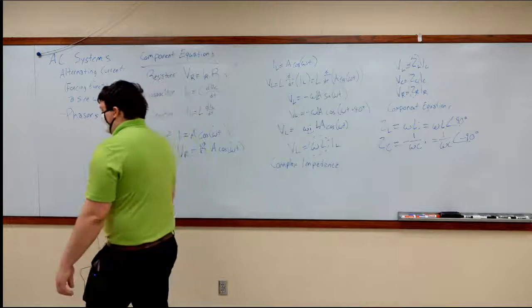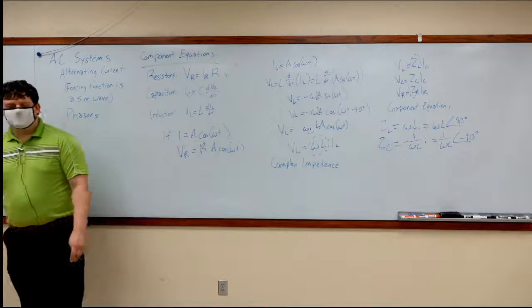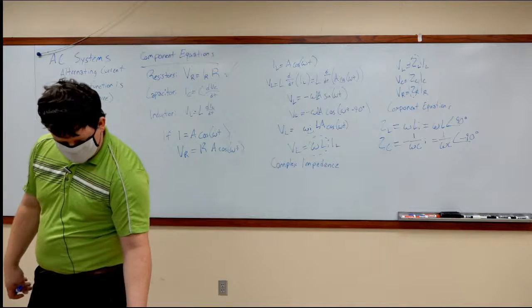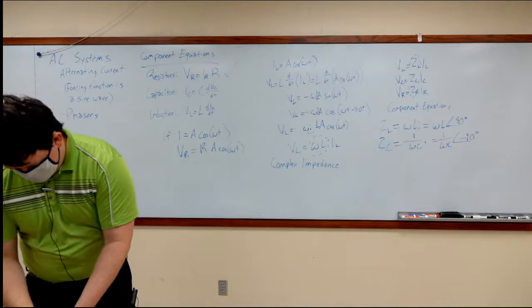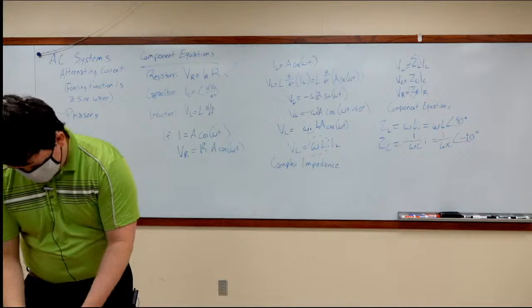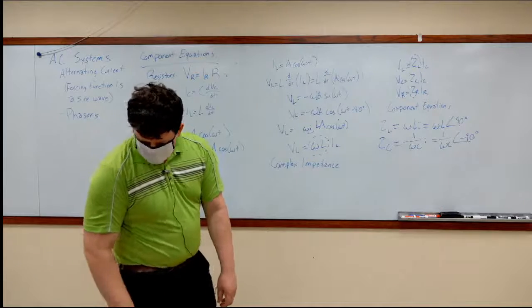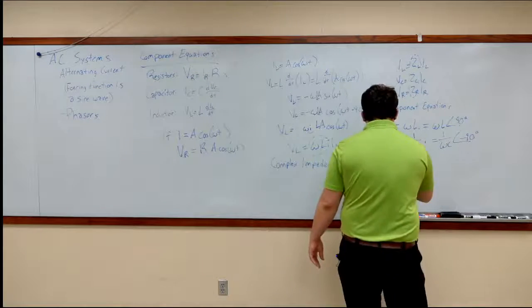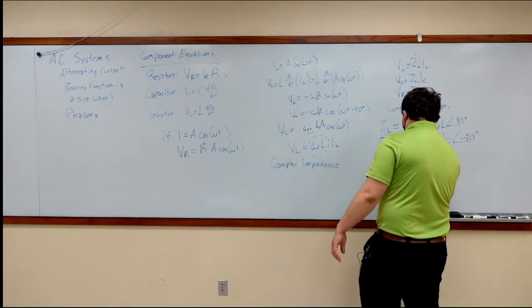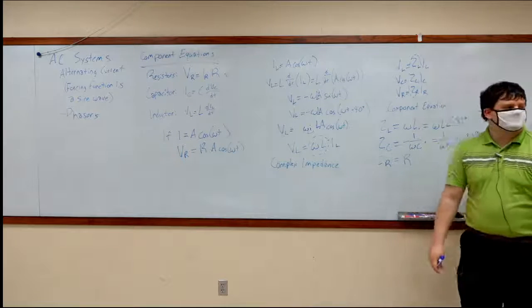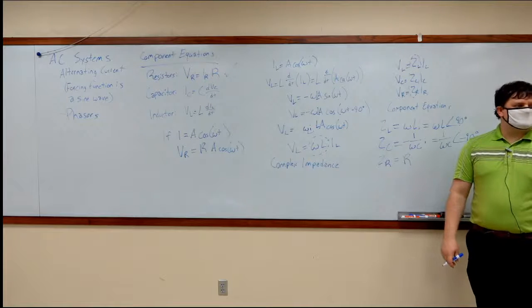Okay, and the hardest one to remember of all, make sure that this is true before I tell it to you. Do not have these equations memorized. Is that ZR is equal to R. That one's pretty easy.